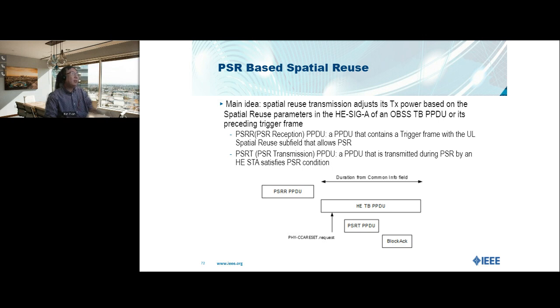Essentially, this PSR transmission is transmitted by an OBSS client. Sorry, I keep saying client, but in reality it can be the AP. So the PSRT PPDU is transmitted by the OBSS station that can satisfy the PSR requirement. And by the way, every transmission has to be terminated by the original trigger-based PPDU.